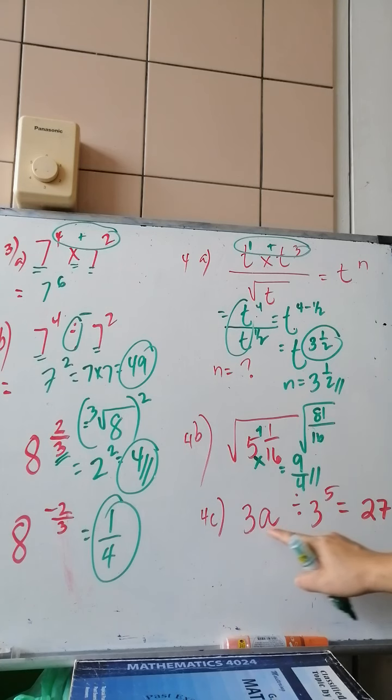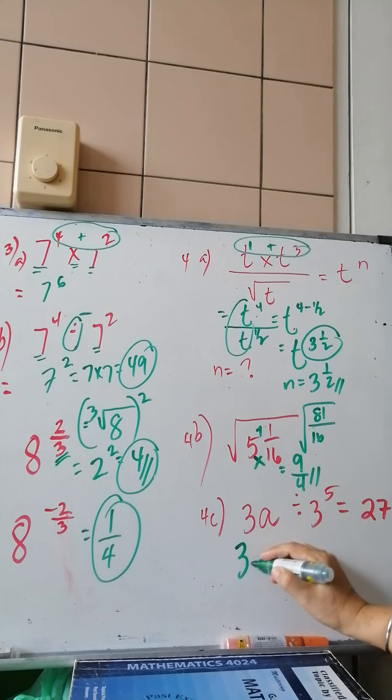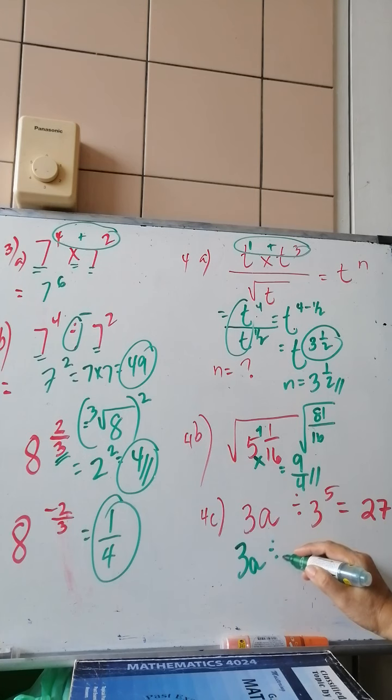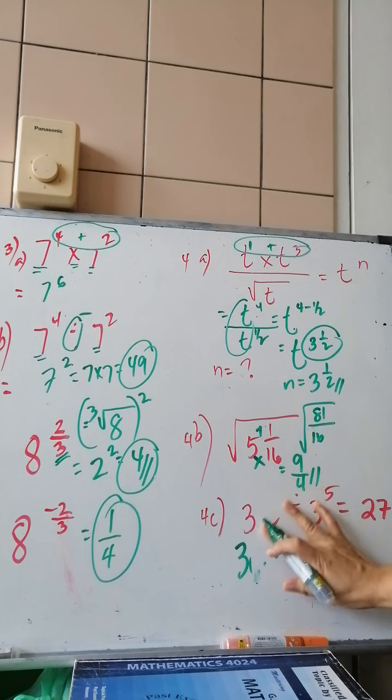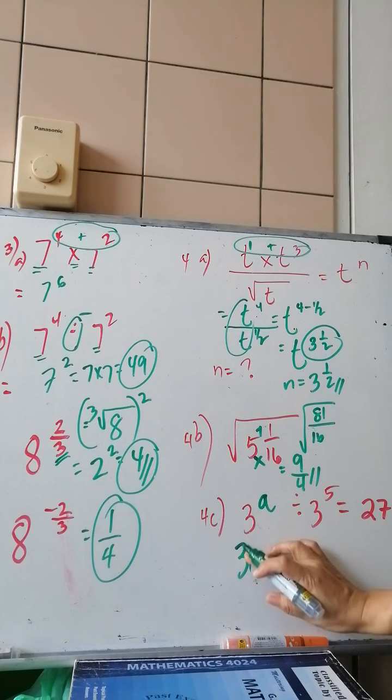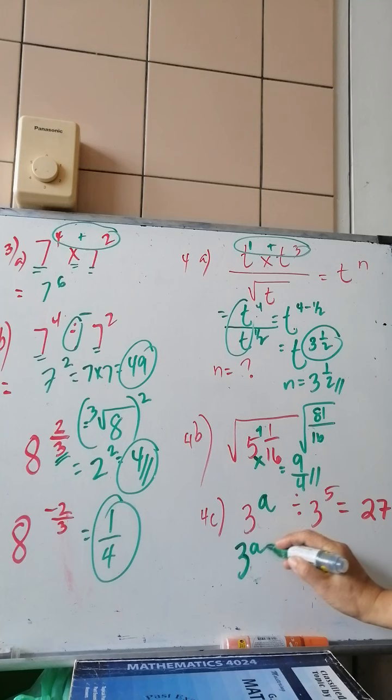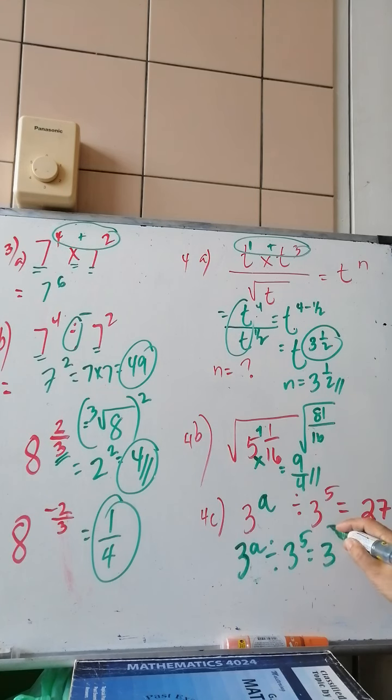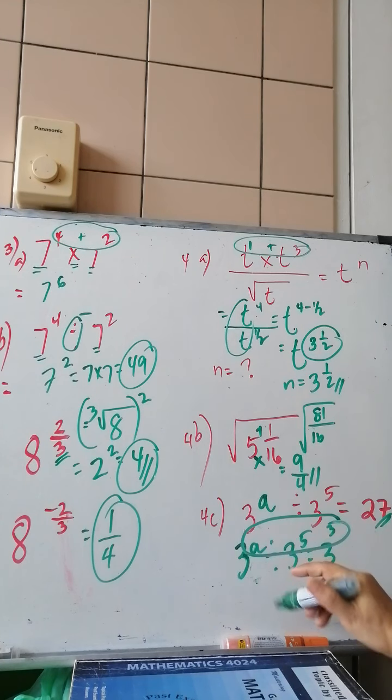Okay? Then for 4C, we have 3 to the power of A divided by 3 to the power of 5 equals 27. Since both of these are in the base of 3, we rename it as 3 to the power of A divided by 3 to the power of 5 equals 3 to the power of 3. We converted 27 to 3 to the power of 3, so that with all the indices, we can have an equation.